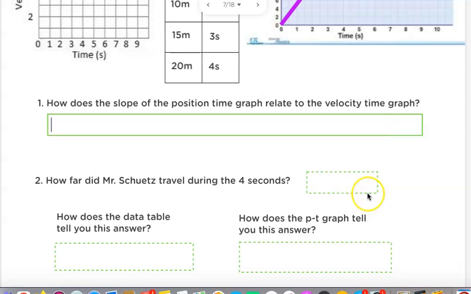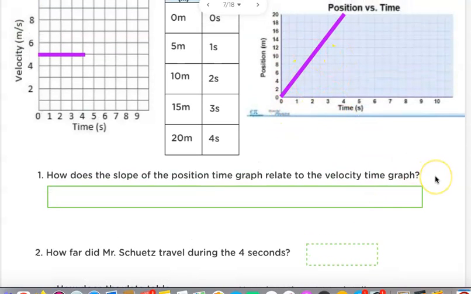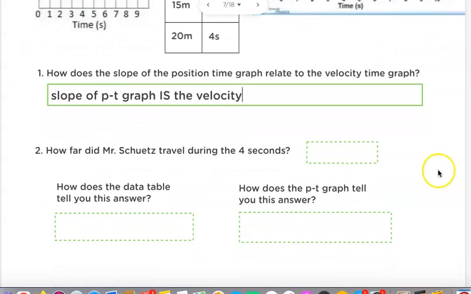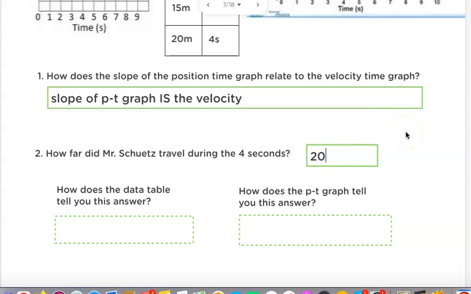All right, so how does the slope of a position time graph relate to the velocity time graph? Well, the slope of the position time graph is the velocity. Okay. How far did Mr. Schutz travel during the 4 seconds? He traveled 20 meters. How did you know that from the data table?